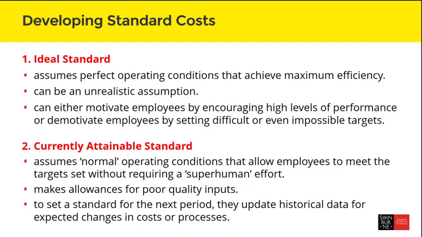So this is more attainable compared to the ideal standard. Therefore, if you use this type of technique, to set the standard for the next period, you need to reflect on the achievement for this period and then incorporate improvement for the next period.